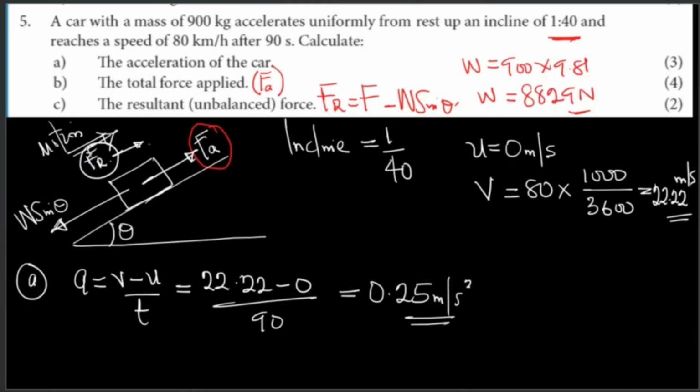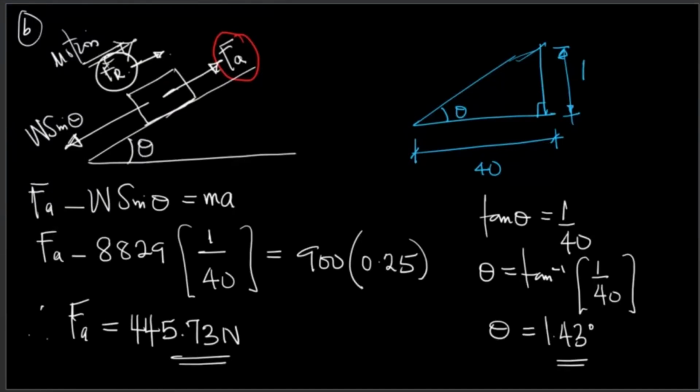Because the motion is upwards, the resultant force is the applied force minus W sine theta, because W sine theta is also a force that is trying to oppose the motion.